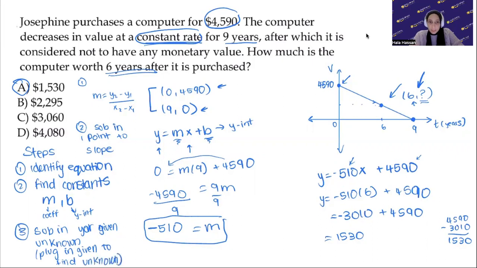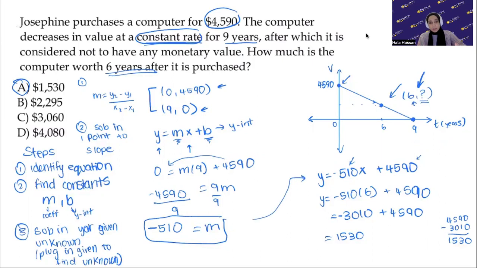All right. I hope that helps. Make sure that you also try doing it using the other method. Here's the thing with multiple choice, and when you're doing your SATs, remember that when you're doing multiple choice questions, you're trying to optimize your solution. So if I were to do this using the other method, I'd be doing a little bit more work than subbing in a given point and then bringing it back to solve for the unknown.